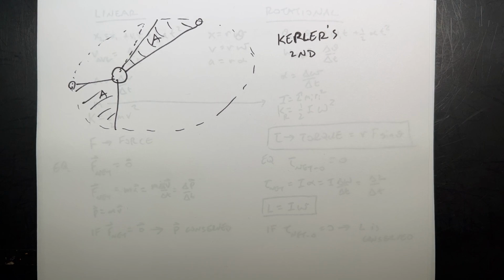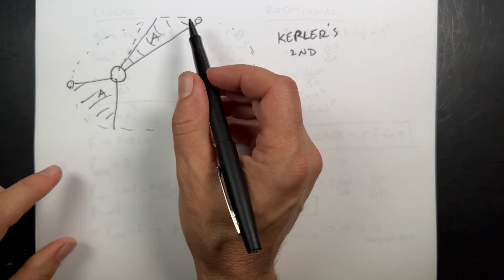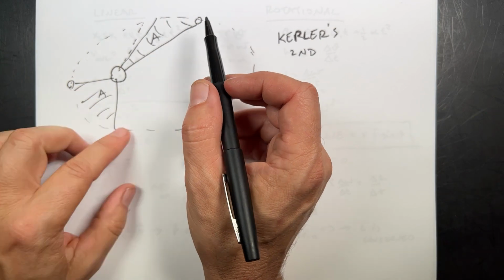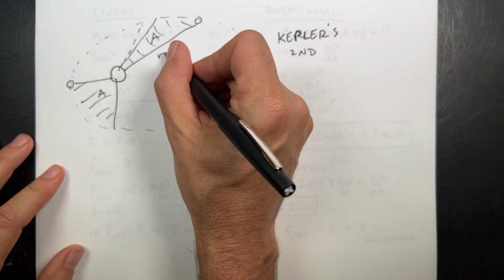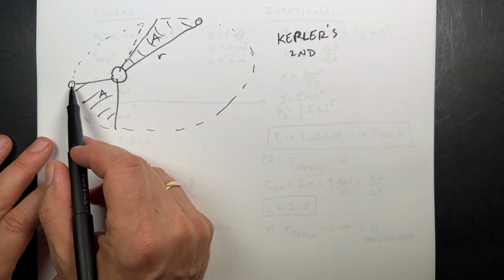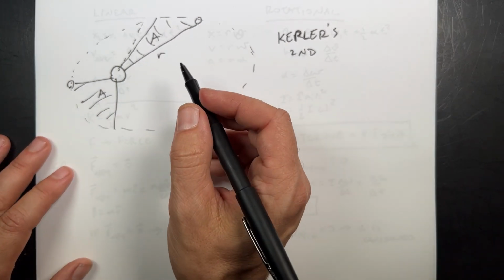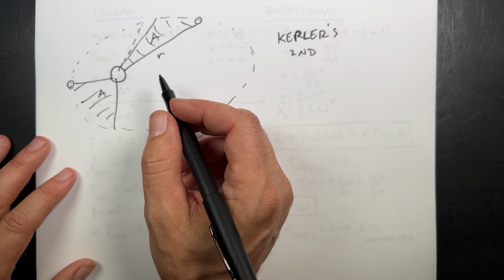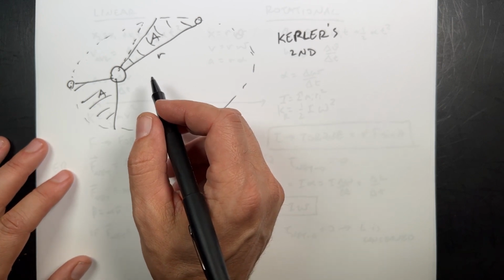But this is really conservation of momentum, because as it's further away with a longer r value, it's going to have a lower angular velocity. Over here, it's going to have a higher angular velocity. But we can see why this is the case, because angular momentum is constant.